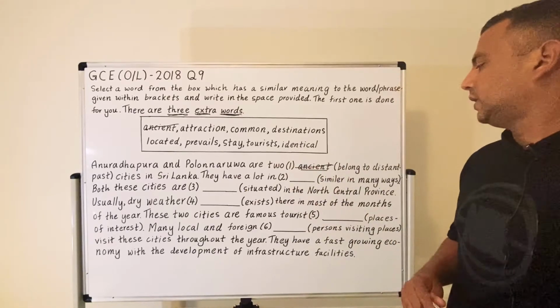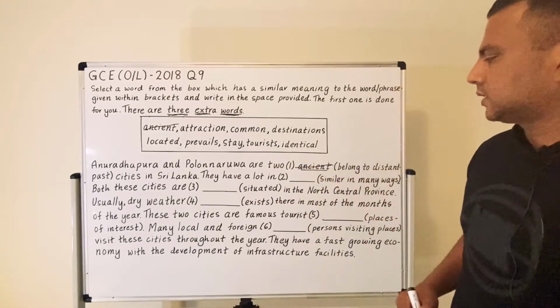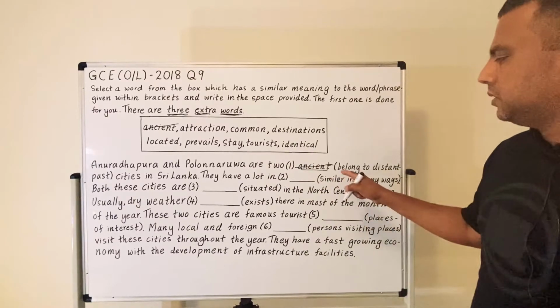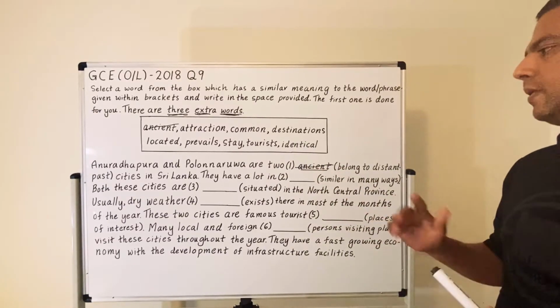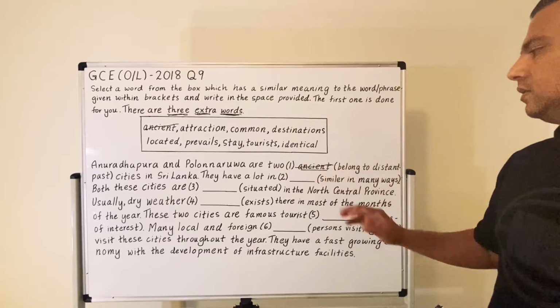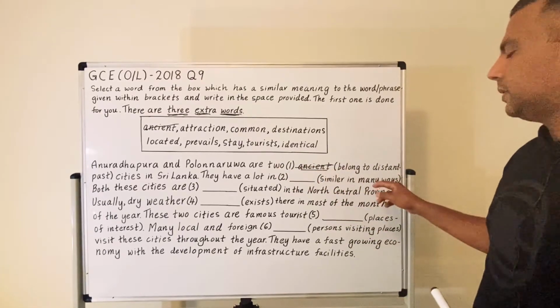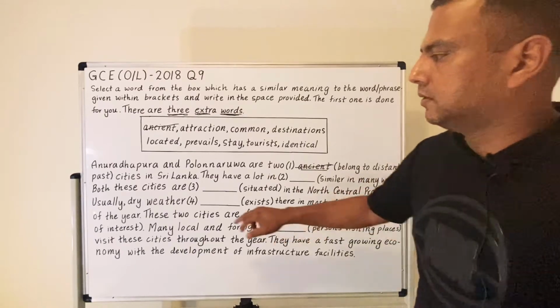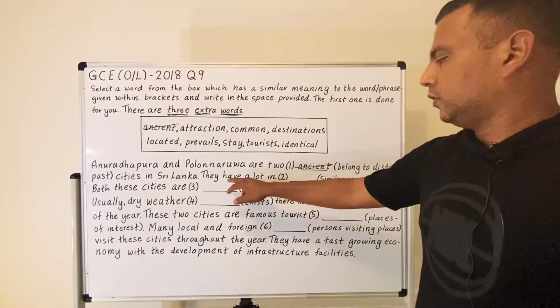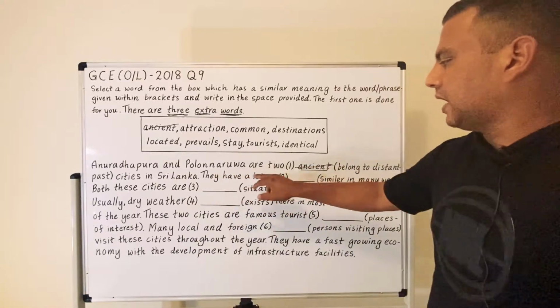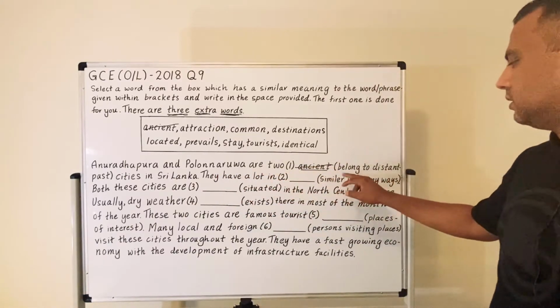They have a lot in, and you have the second blank here, but the word that has to come there, similar in many ways. Okay, they have a lot in what? ඊට පස්සේ තියෙනවා වරහන් පස්සේ තියෙනවා both these cities. Okay, if you again have a quick read, they have a lot in.